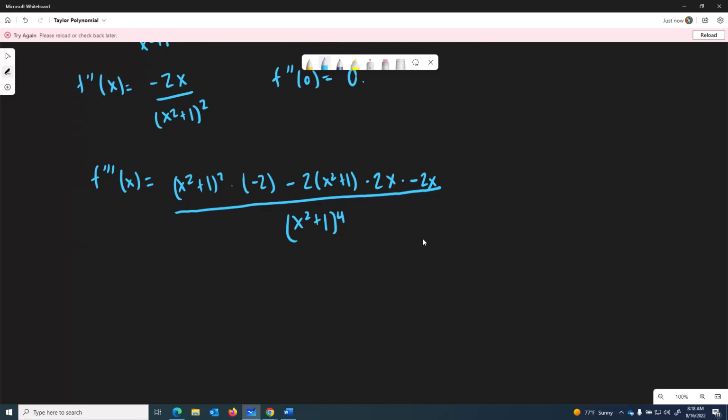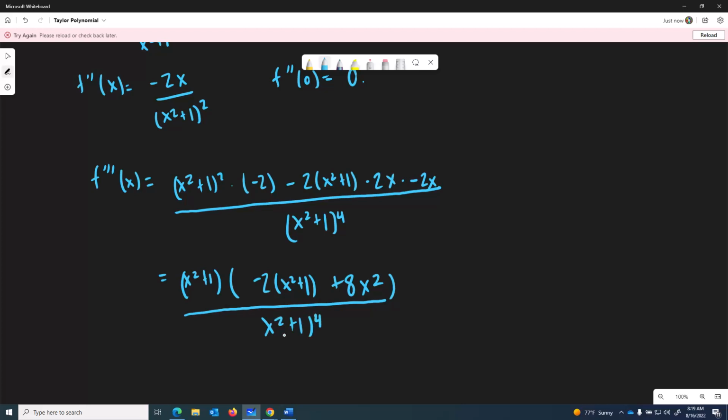So from here, when we factor the x squared plus 1 out, we have negative 2 times x squared plus 1. Then I notice that I have a negative 2 times 2x times negative 2x, which gives us 8. So that's not minus, but plus 8x squared. Now we divide this by the same thing, x squared plus 1 to the fourth power.